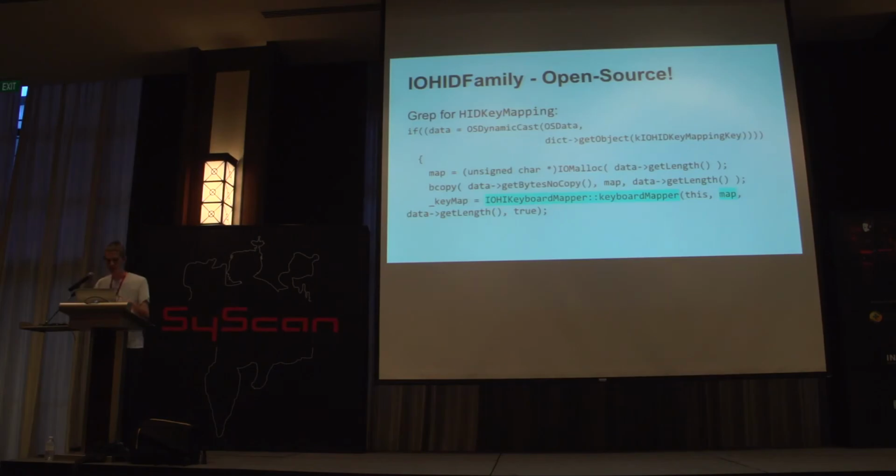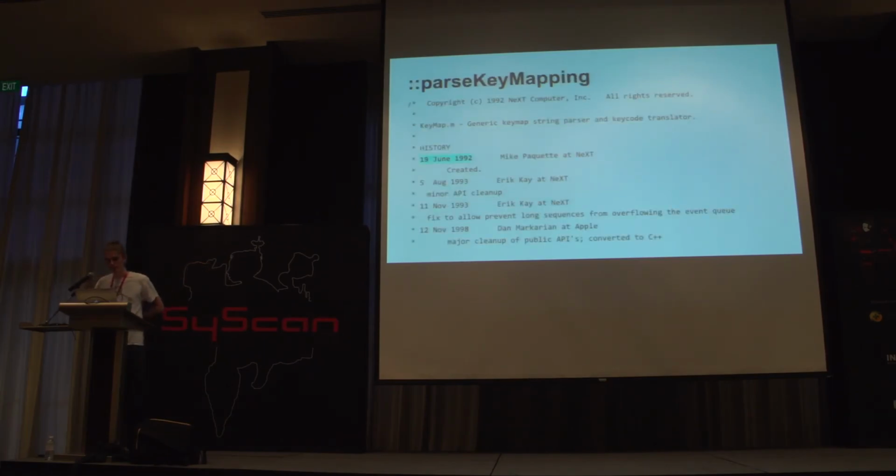So you can see in the first line that this is expecting us to have sent it an XML dictionary with the key HID key mapping, and the value being a data buffer from OS data. And this data is going to be passed straight into IOHIKeyboardMapper, passing the map function. So this is just a pointer to completely controlled data.